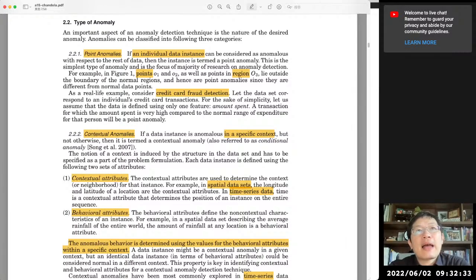Simply as what you see in figure 1, points O1, O2 and O3 are point anomalies. They themselves are far away from the normal behavior, from the normal model. So if O1, O2, or O3 exist in your dataset, we can find them by comparing with the normal model we have. Just like the example I mentioned, credit card fraud detection.